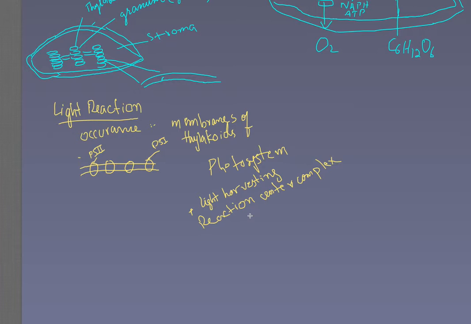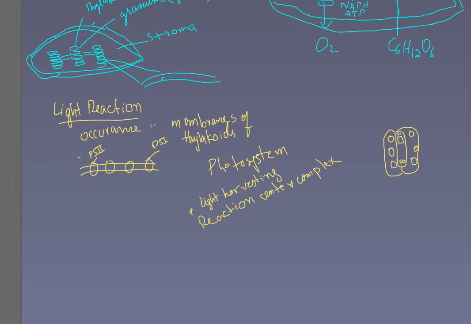I don't want to jump too far ahead, so let me draw the structure of a photosystem. It would look something like this. These are pigments here, and there are two molecules here.